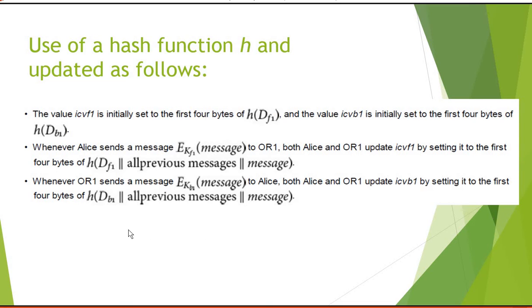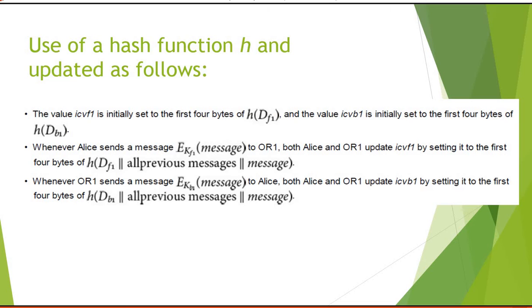So the hash value of previous messages concatenated to the message will be transferred. And then onion router 1, whenever it gets a message from the web server, will receive it and has to transfer it to Alice. The key which will be used now for encrypting the message, for the symmetric algorithm, is KB1 for the backward communication.